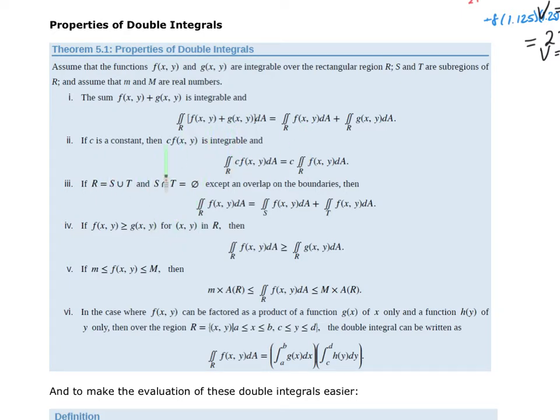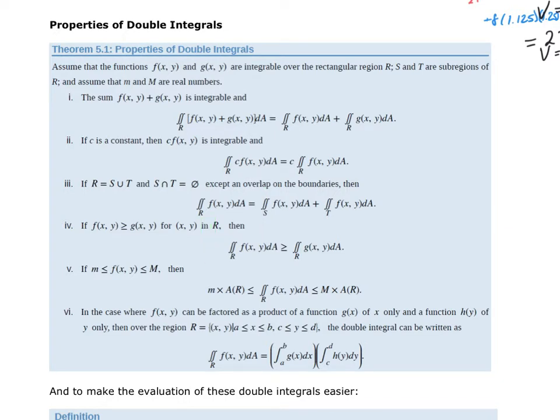And of course, we have the constant, and this is nothing surprising. Just like in one variable, I can factor out that constant first if it makes it easier for me. Now, if my region R is equal to the union of my two regions, S and T, where there's no overlap between these two, except for maybe the boundaries, then I can break it up.